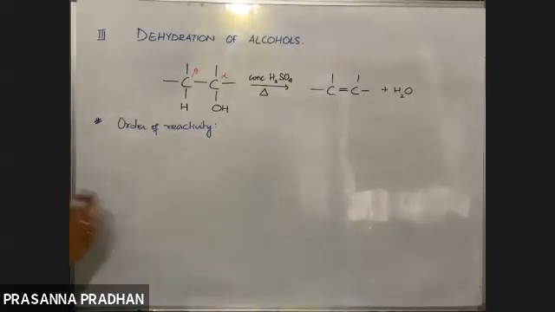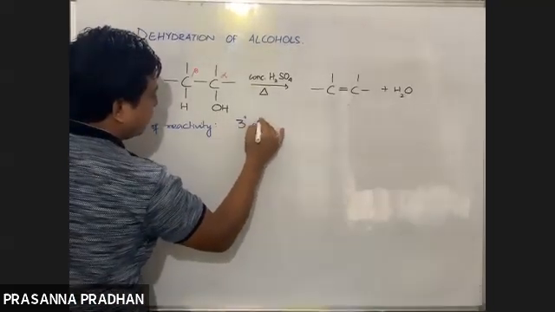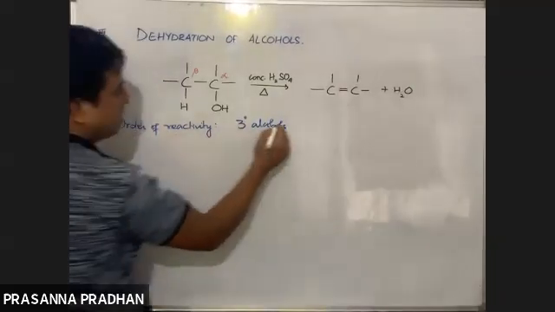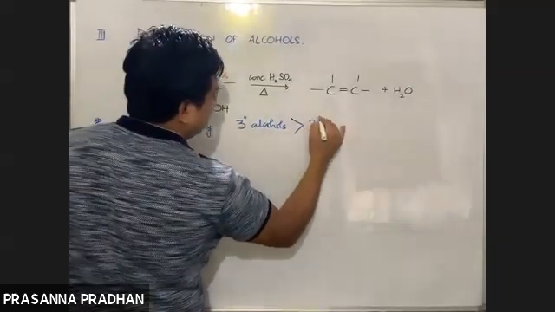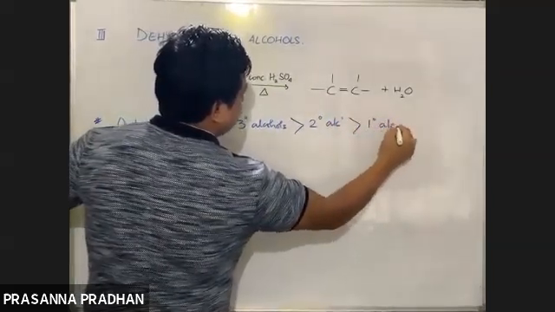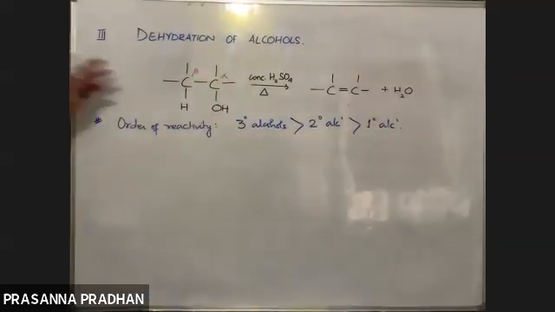Among alcohols, tertiary alcohols readily undergo dehydration, followed by 2-degree alcohols, followed by 1-degree alcohols. So which alcohol is most reactive towards dehydration? Tertiary, followed by secondary, followed by primary. Let us see.